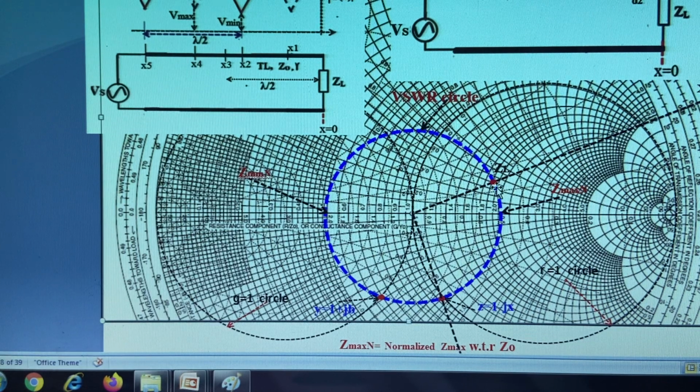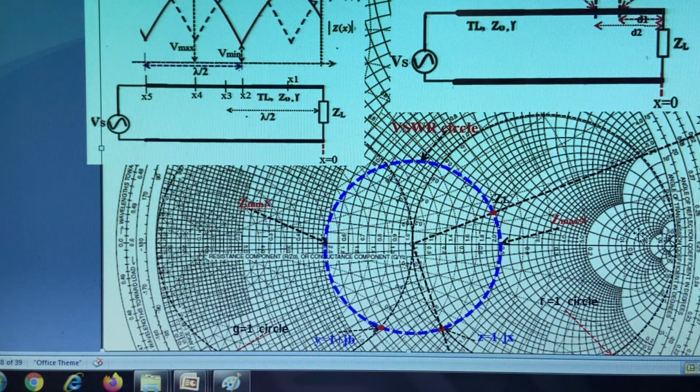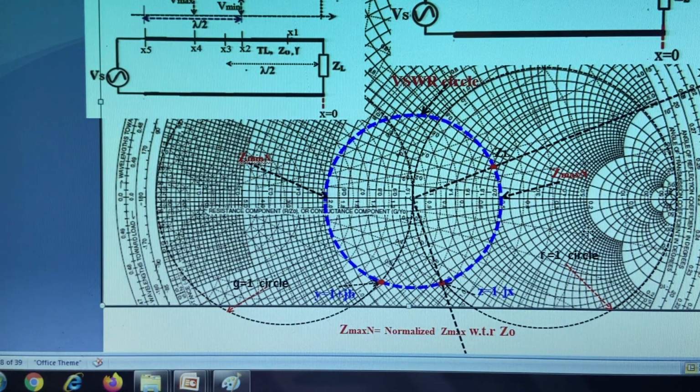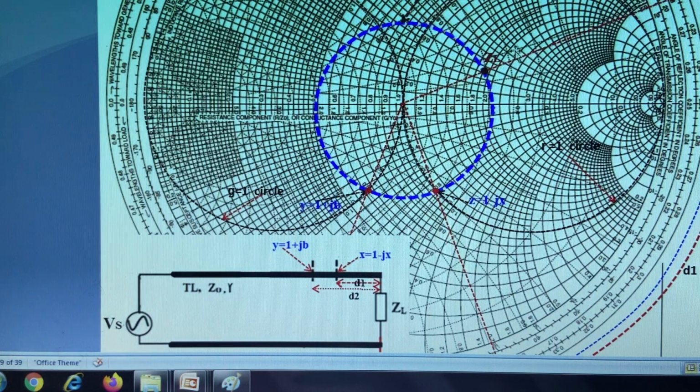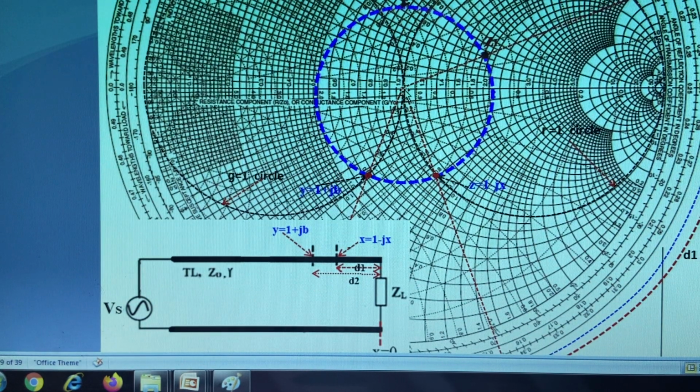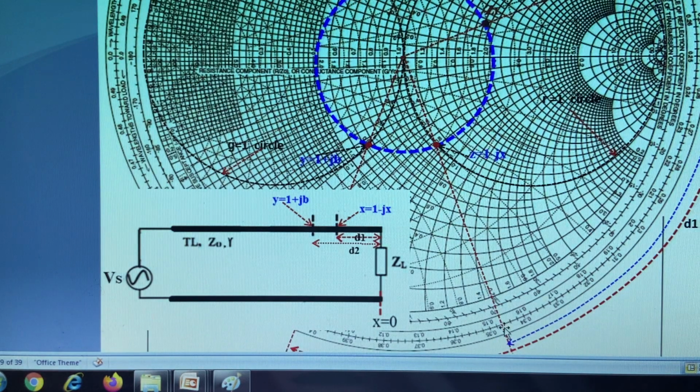To measure the distance from here to here, this impedance occurs at a distance of d1 from the load point, that you can easily find from the Smith chart. See like this. So this is a load ZL here, and here the impedance is equal to 1 minus jx. So you draw a line starting from here, passing through the point wherever the VSWR circle intersects the R is equal to 1 circle.